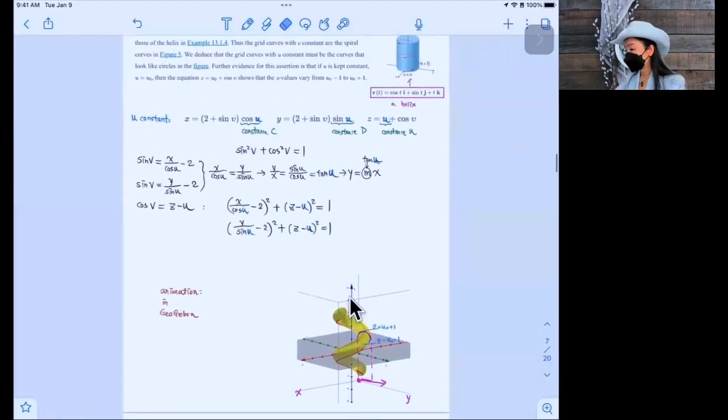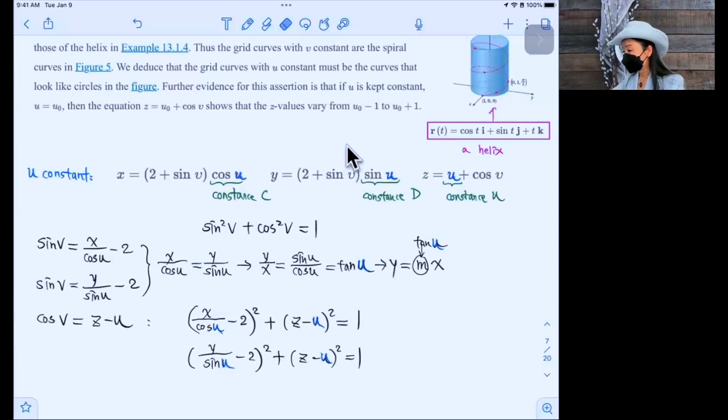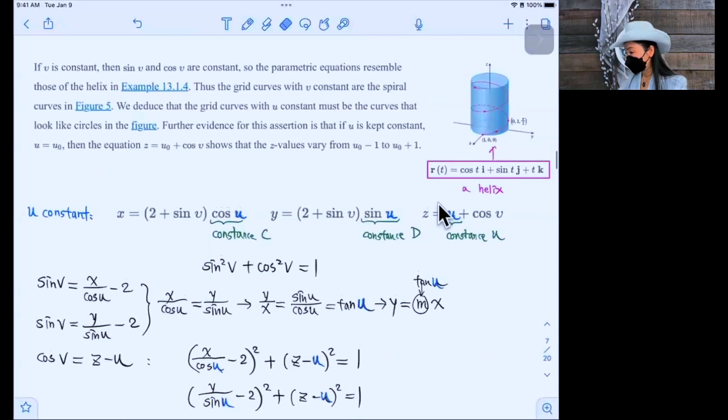And further, if you keep the U constant, look at the Z component. If you keep the U here to be U naught, what happens to cosine of V? Cosine of V will change from -1 to 1. The minimum will be -1, and the maximum will be 1.